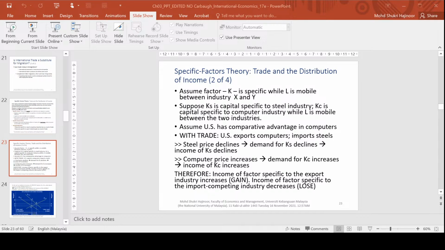Now, bear in mind, this is the specific factors model, not the normal one. So more labor will be going into the computer industry. As a result, we move to 18, this point B. Some students made a mistake. They put it this way, but no, that way is reducing for computers. It is to the right, from 14 to 18.